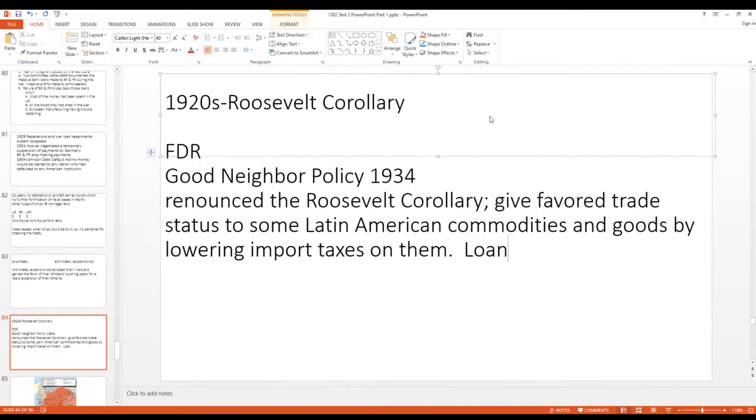Also loaning money to more Latin American nations.